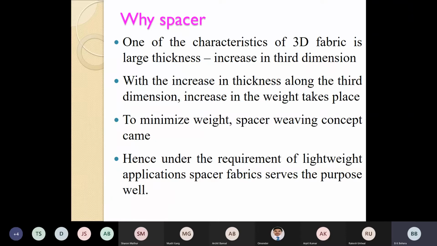So the solution is spacer weaving. If you want to produce a 3D fabric of minimum weight, then we have to produce spacer fabric. Hence, under the requirement of lightweight applications, spacer fabrics serve the purpose. So this is the main motivation to produce a spacer fabric, which is a hollow fabric. Idea is to produce a lightweight structure for composite manufacturing.